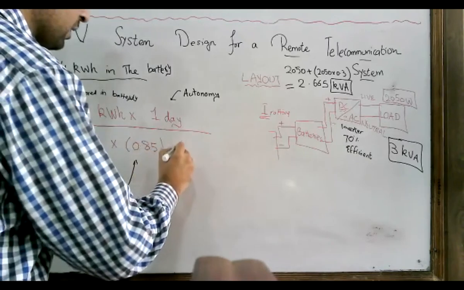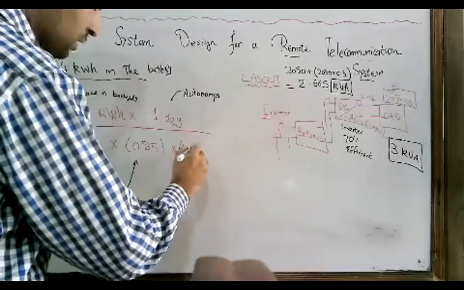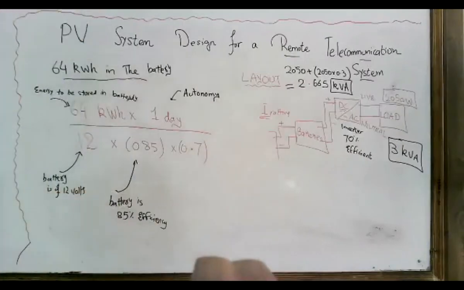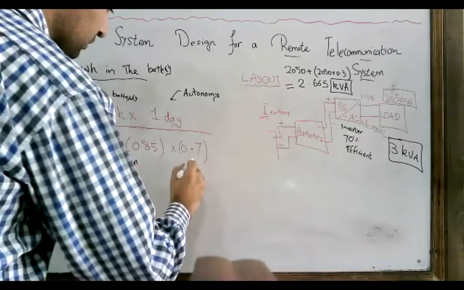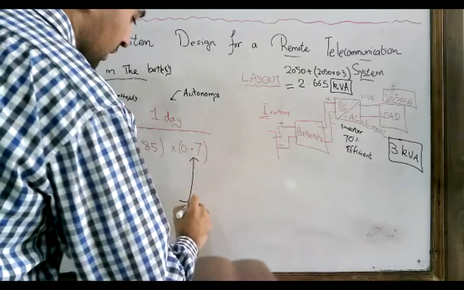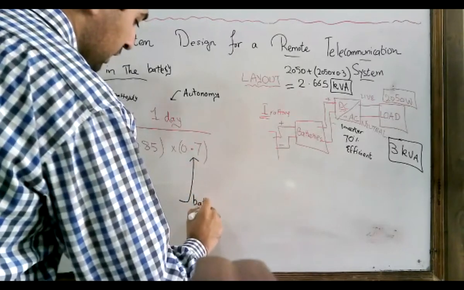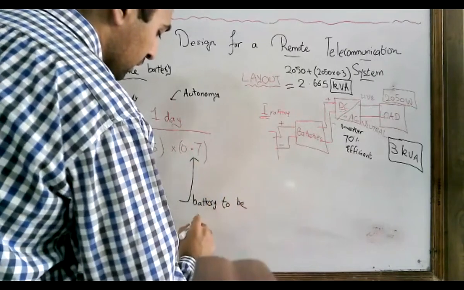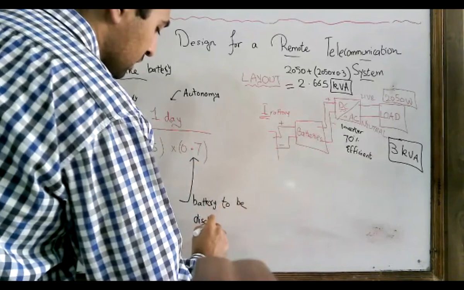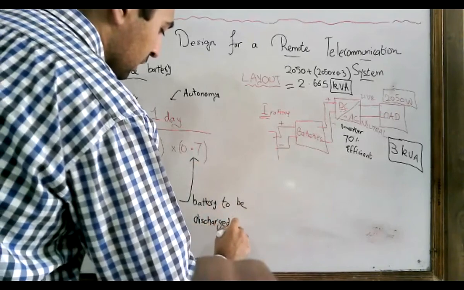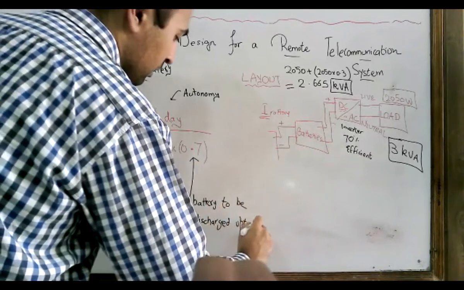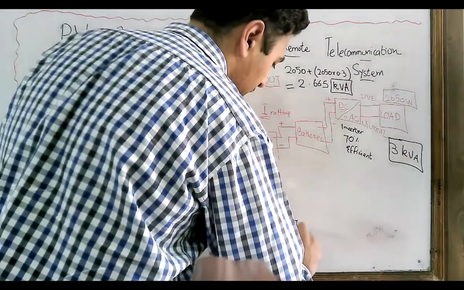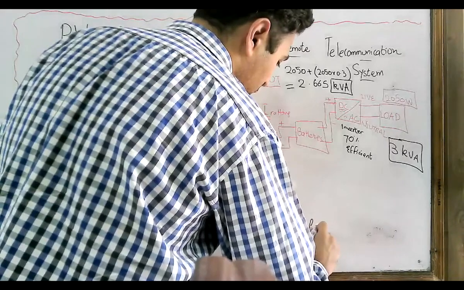Multiply by 0.7. What does it mean? The battery is to be discharged up to 70% of the full charge.